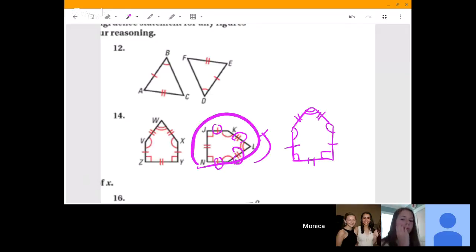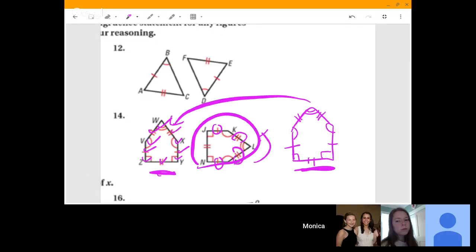So if we compare this figure with that figure, then we can see these sides, these angles, this side, and these two angles. So that's every part of this shape has a corresponding congruent part on this shape, okay? So you can prove that those are congruent.